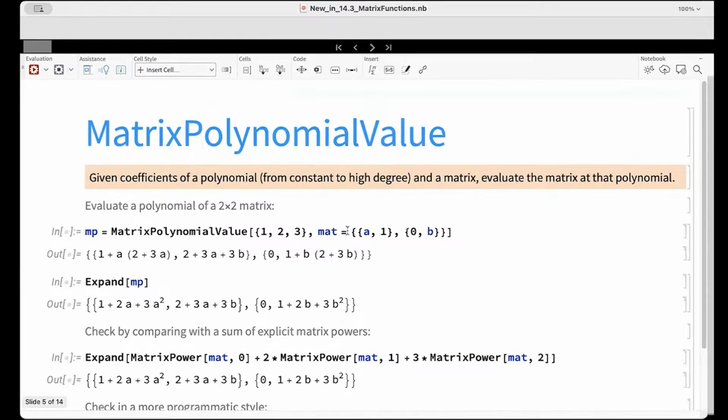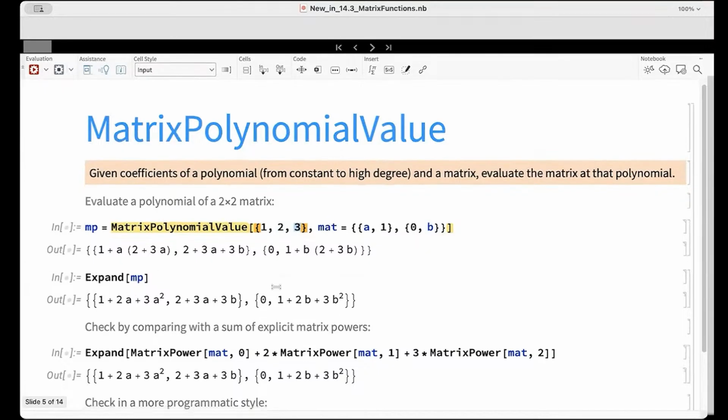So for a simple 2x2 matrix here, and the polynomial whose coefficients are 1, 2, and 3, meaning 1 plus 2x plus 3x squared, we evaluate the matrix. It is 1 times the identity matrix, the 0 degree, 2 times the matrix itself, plus 3 times the matrix dotted with itself, effectively squared.